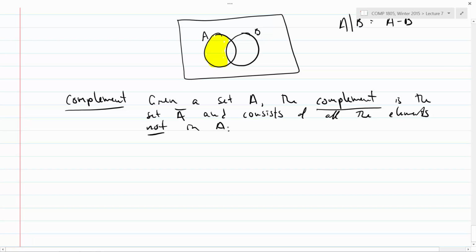Okay. Now that only makes sense if you've defined some universe that you're drawing the elements of A from. Right? If I said the set of all students not in this room, that only makes sense if I've defined the entire set of students. Okay? So to define this, we need some definition of the universe of all possible elements.